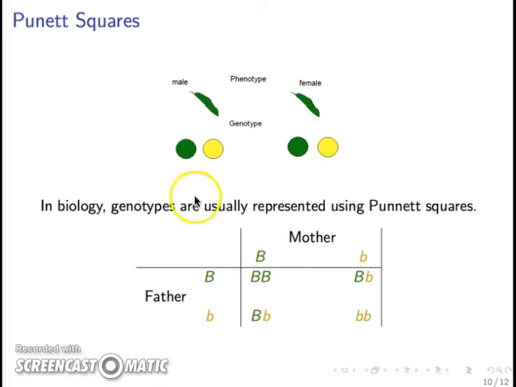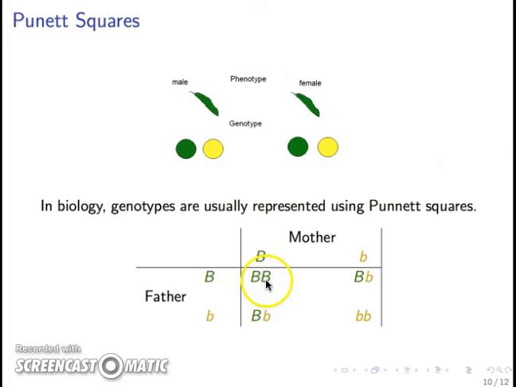Another tool that is common in this context is to use tables, also called Punnett squares, in which you can put the contribution of the father on one side of the table, the contribution of the mother on the other side of the table, and then these cells inside take care of all possible combinations of these alleles from the father with the various alleles from the mother.